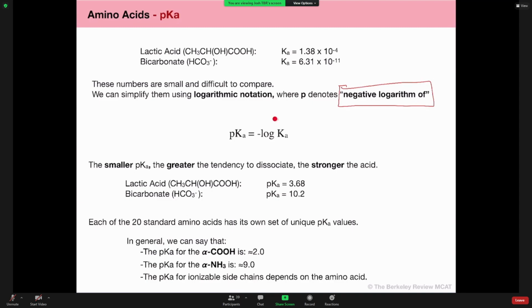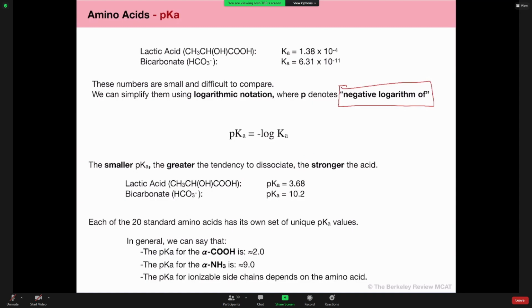All right, so you can write it now, pKa equals negative log of Ka. Okay, and so similarly to what we said before, the smaller the pKa, the greater the tendency to dissociate, so the stronger the acid. Okay, so again, the smaller the pKa, the greater the tendency to dissociate, the stronger the acid.